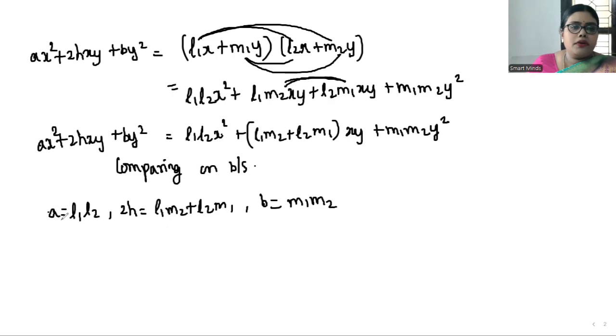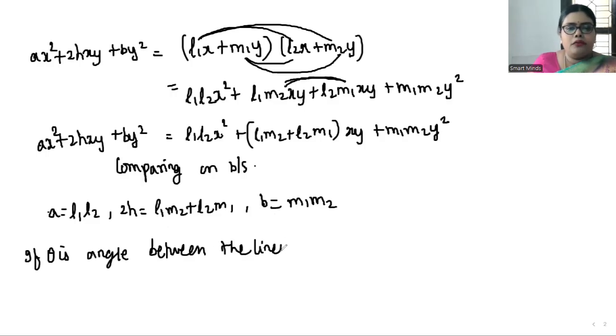After you get a, 2h and b, if theta is the angle between the lines 1 and 2, then what is the cos theta formula?